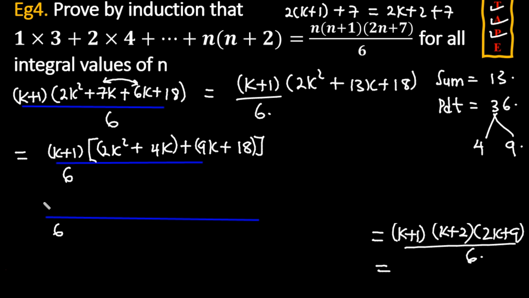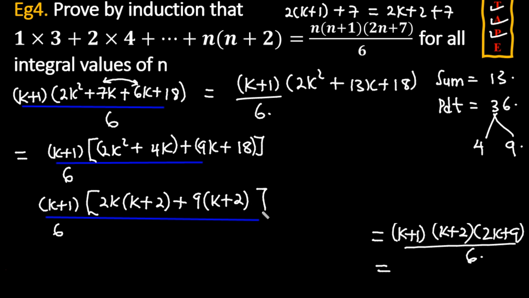So let me begin with the first bracket. So we have a 6 here, k plus 1. Now, when we look at this bracket, 2k is common. So I'm going to factor it. And when I finish factorizing, I'm going to be left with k, then plus 2, then plus the common factor between 9k and 18, it is 9. And when we factor out 9, we are going to be left with k plus 2.